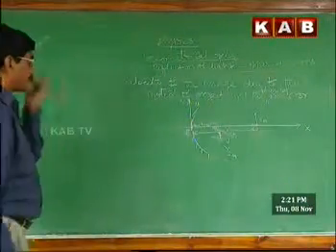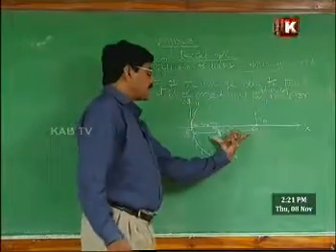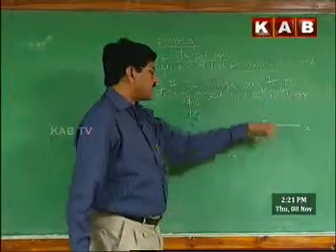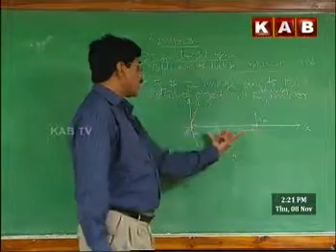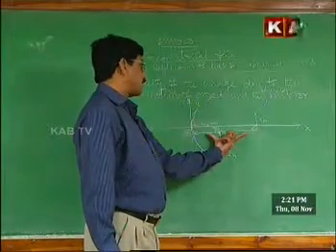Now, how are these two related? This is the object distance on the principal axis, because the x-axis happens to be the principal axis here. The object distance on the principal axis is XOM.